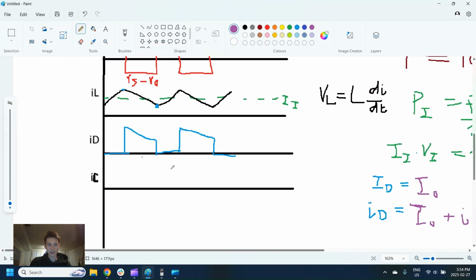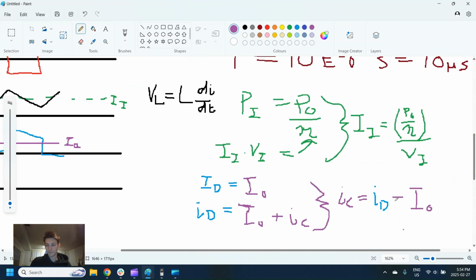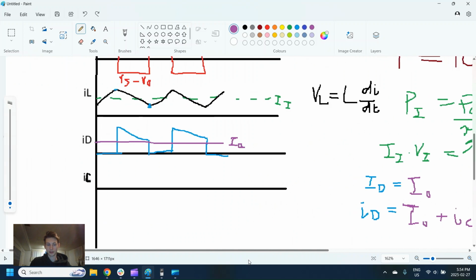So I'm going to take this piece here and add that really quickly to this. So the average value is going to be I out. So we can take this whole curve here, the shape of it, which is ID, that's this one, and we can shift it down by the output current. So a constant value there.